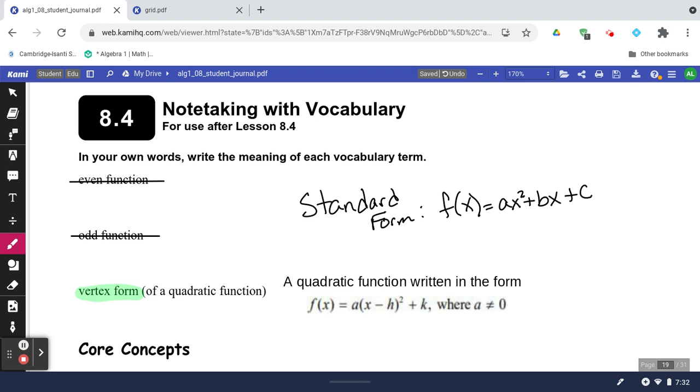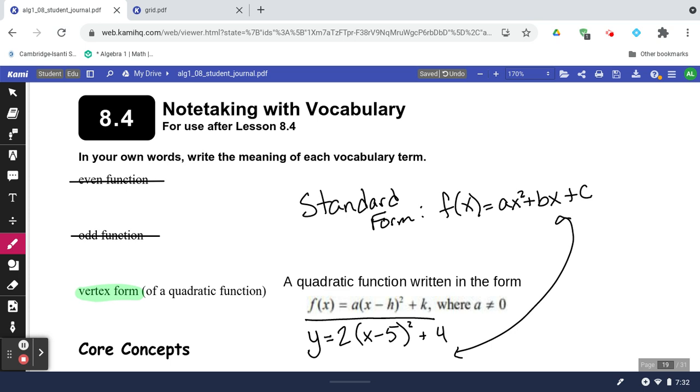With vertex form, where we have this x minus h all squared plus k, let me show you an example of what this might look like with numbers, because sometimes it's easier to see. So 2 times (x minus 5) squared plus 4. When we have this format instead of the standard form, the nice thing is we don't have to do this negative b over 2a stuff to find your vertex.